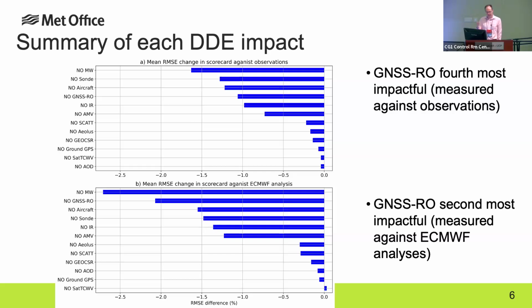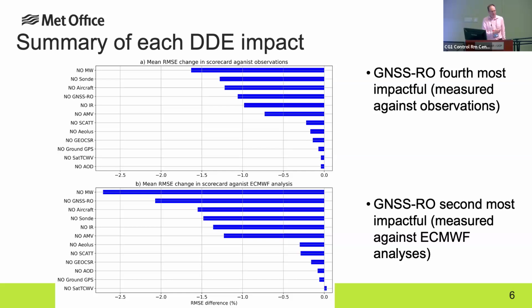Each of these, actually, we deny all of the microwave radiance observations, and that seems to have the biggest impact. But if you measure against observations, then GNSS-RO is the fourth most important observation type. If you measure against ECMWF analyses, then it's the second most important observation type.